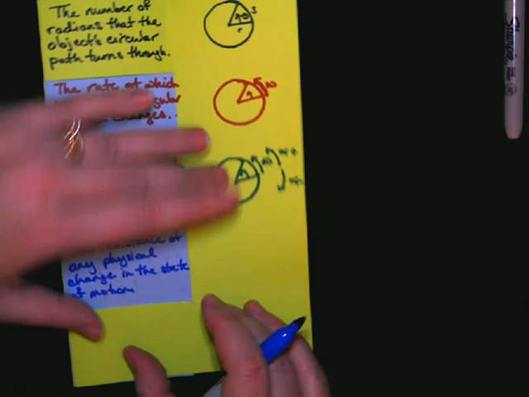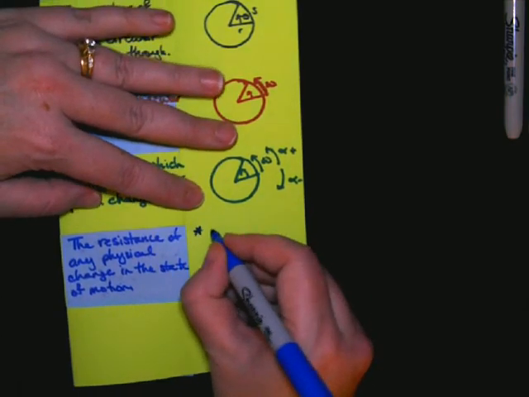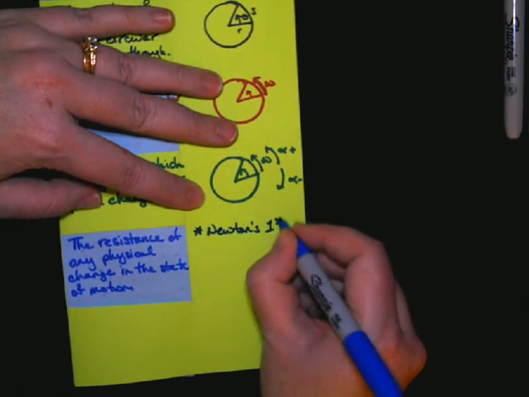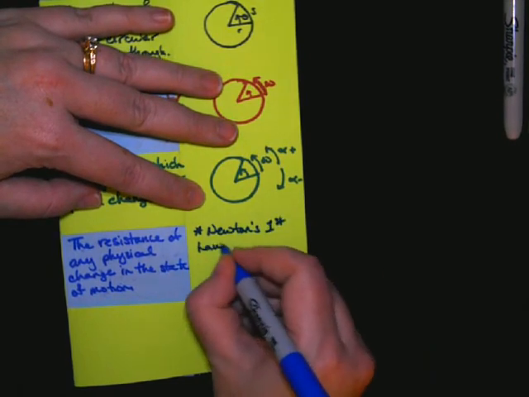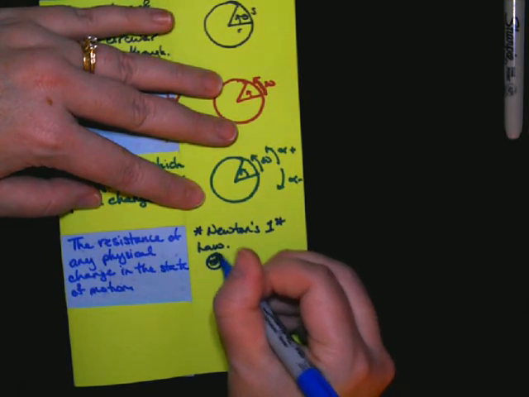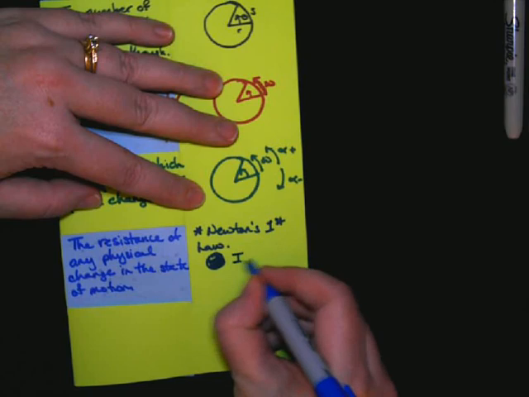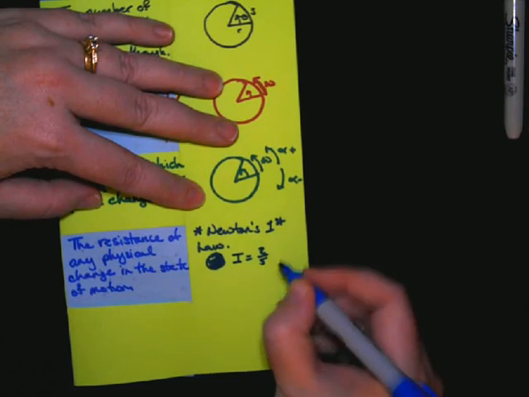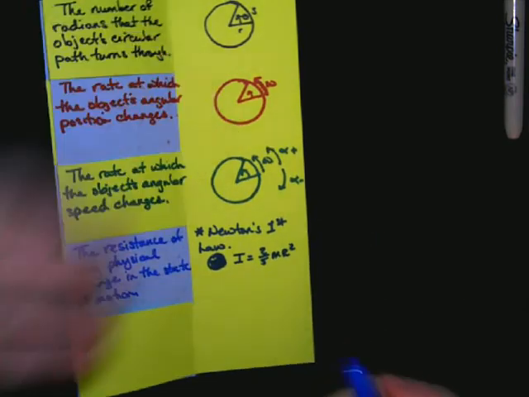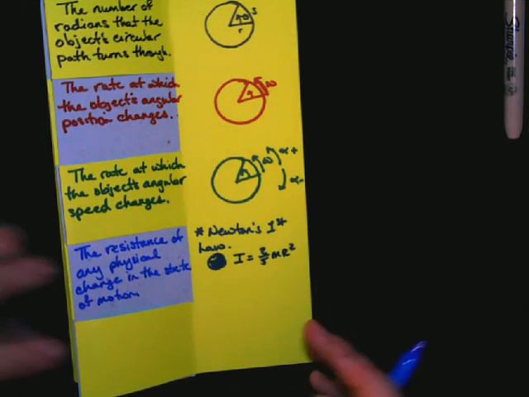All right, and so, like I said before, I tie this to Newton's first law. And then you have a couple of different ones, and you can look these up. There's all sorts of different shapes and different inertias. And so we have I is 2/5 mr squared, and so forth, just based on which ones you're looking at. All right, so we've done inertia.